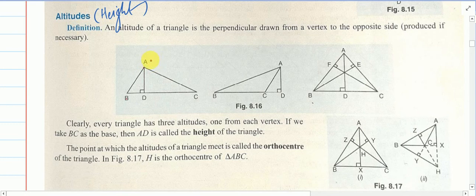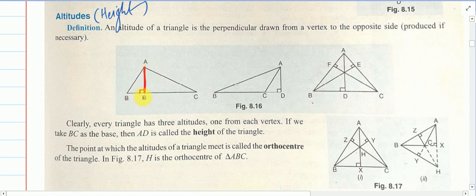So what I will do is, from this point A, I will drop a perpendicular, means I will draw 90 degree. So this length AD is called height, altitude.